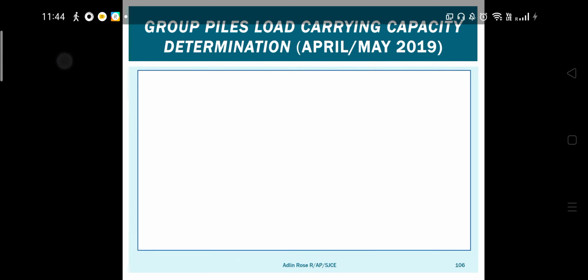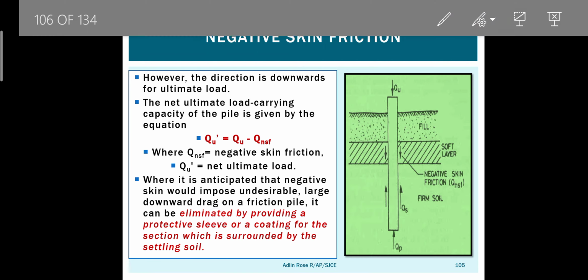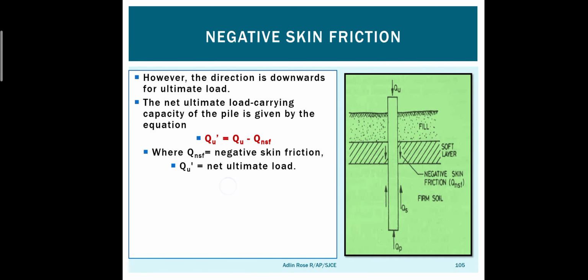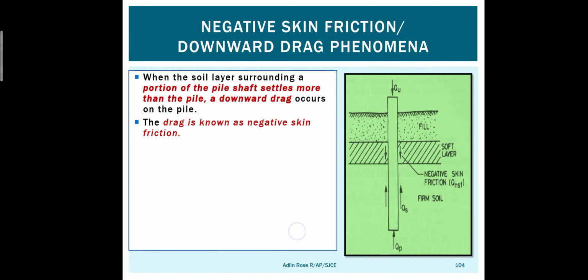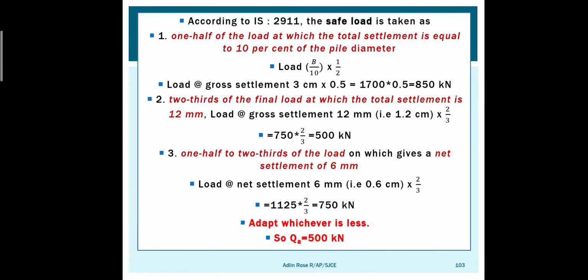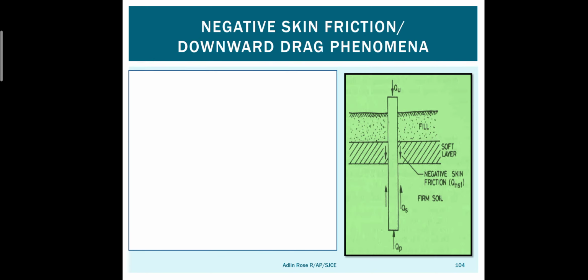So here is the negative skin friction. Always from the total ultimate load that you find, you should subtract the negative skin friction, because that will impact the total resistance in a very bad way. However, protective measures are there to protect the pile from negative skin friction.